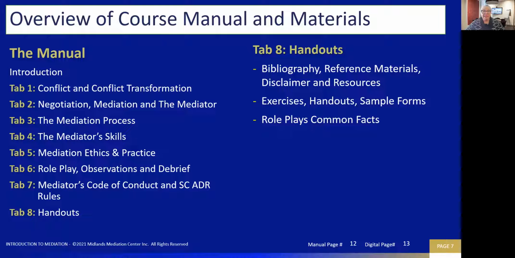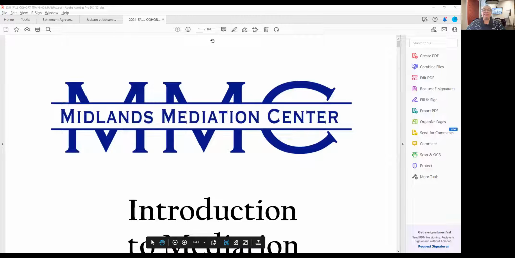And tab 8 has some handouts, but you'll also receive additional handouts during the session, which you can add later to your booklet. The handouts that you'll see there are the bibliography, the exercises, and things of that nature. So just want to give you a quick peek at the introduction to mediation booklet that you will receive. It is pretty much this book right here.